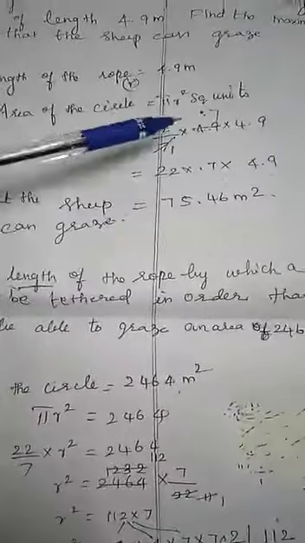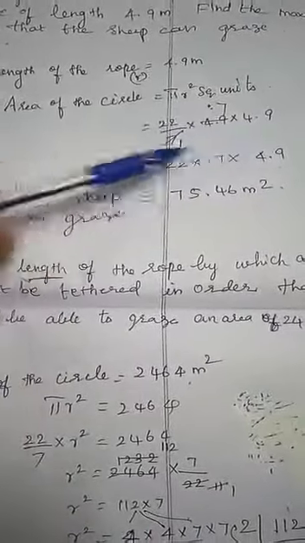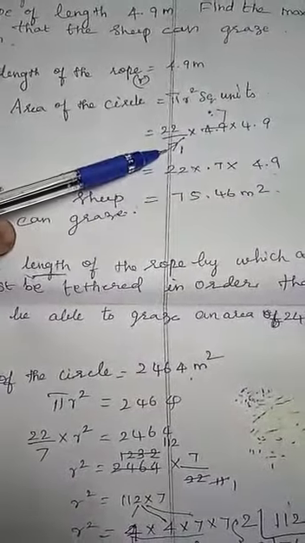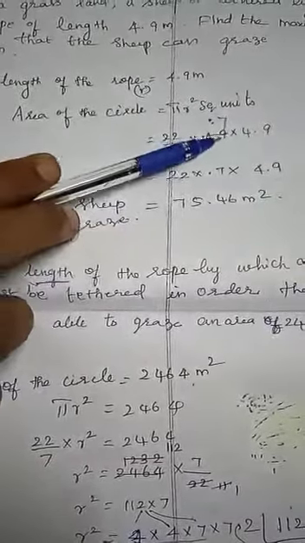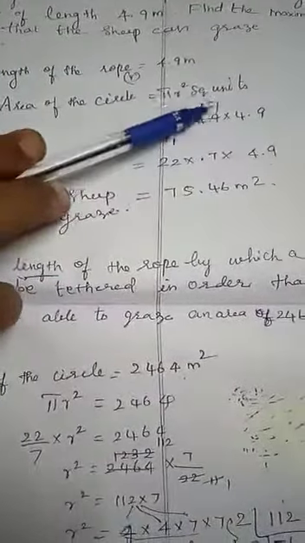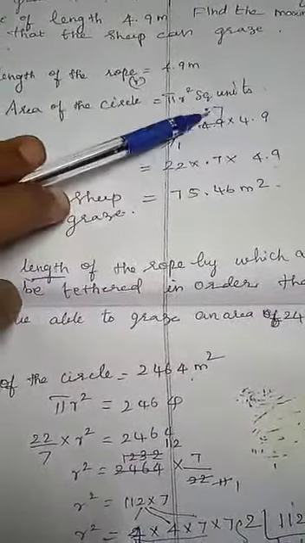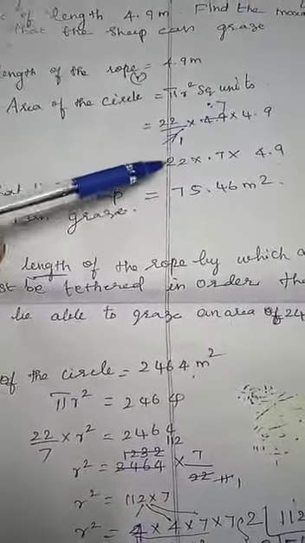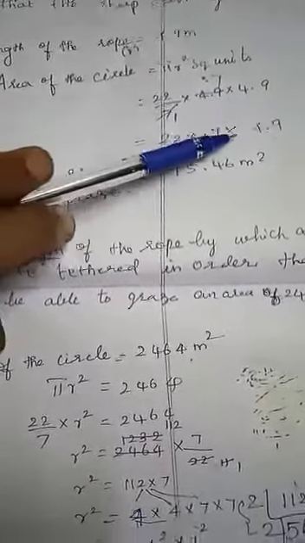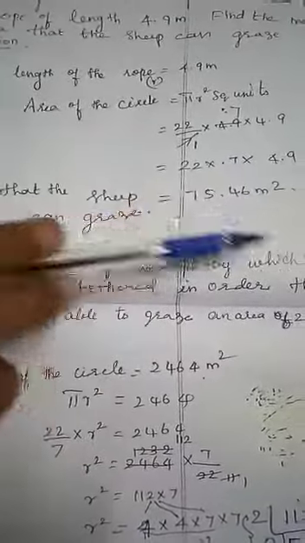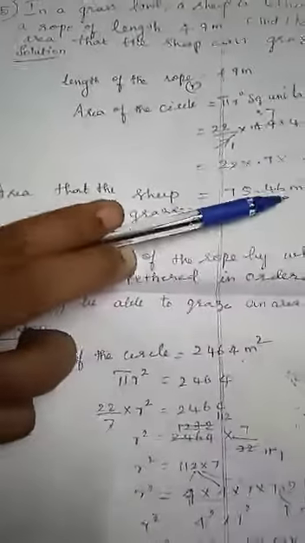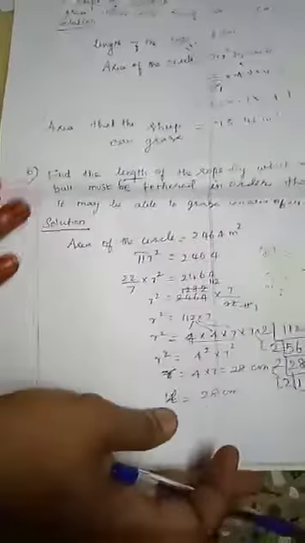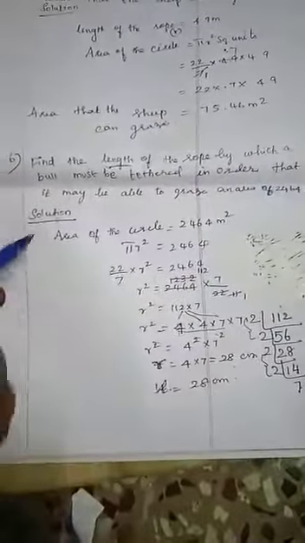Cancel it here, 7 ones are 7, 4.9 becomes 0.7, 7 sevens are 49, so put the dot here, 0.7. So 22 multiply 0.7 multiply 4.9 gives 75.46 meter square. So the area that the sheep can graze is 75.46 meter square.